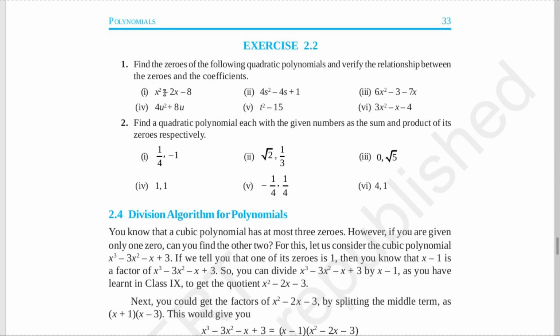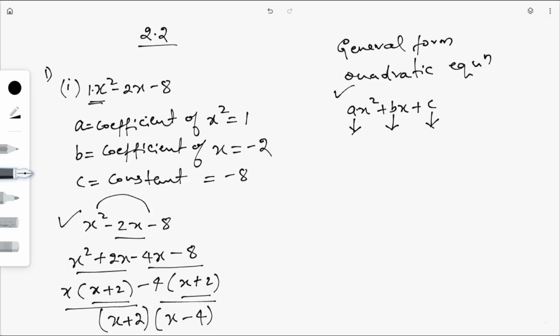Okay, we got the zeros here, and verify the relationship between the zeros and the coefficients. So first write down the zeros. What are the zeros here? Here zeros are alpha, which is equal to minus 2, and then beta, which is equal to 4. Right? Two zeros, and then these are the coefficients.